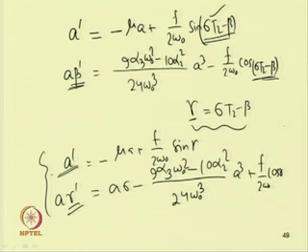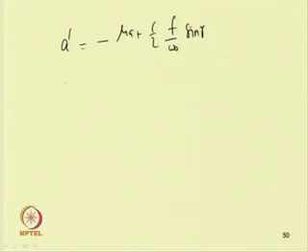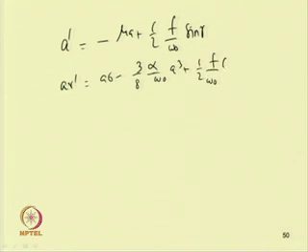One may note that this equation is similar to that of the cubic nonlinearity, in which a dash was minus mu a plus half f by omega 0 sin gamma, and a gamma dash equal to a sigma minus 3 by 8 alpha by omega 0 a cube plus half f by omega 0 cos gamma.